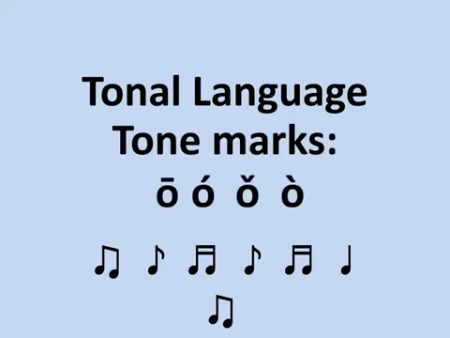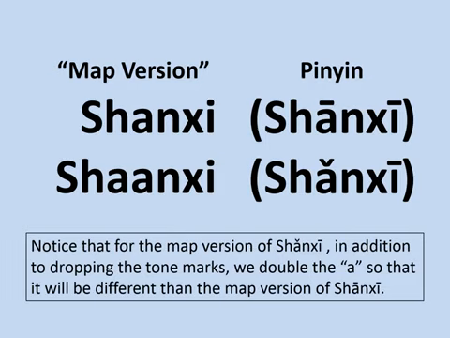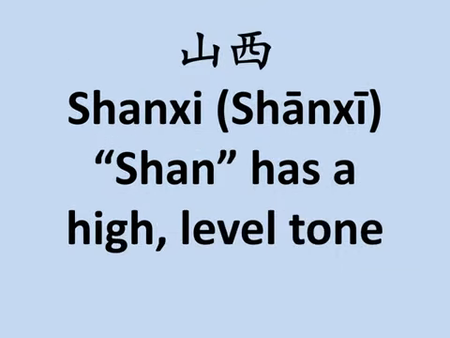Let's re-examine the names of 2 provinces. 山西, 陕西. This is very difficult. There is a very subtle difference in the tone of the first syllable. Here 山 has a high level tone. 山西. Here 陕 has a lower, falling tone. 陕西.